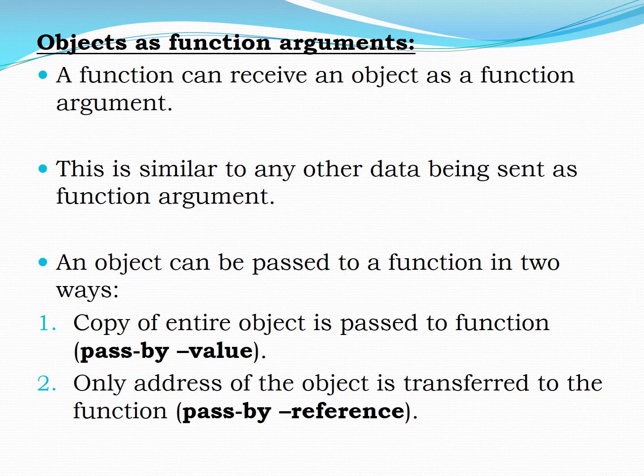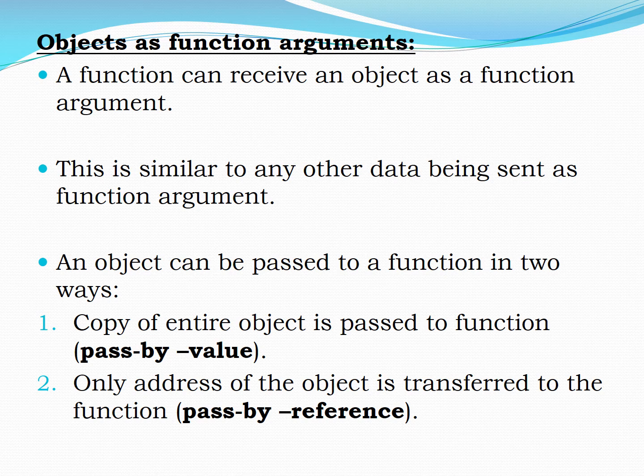For a complex or large project, we need to use objects as arguments. A function can receive an object as a function argument. This is similar to any other data being sent as a function argument.